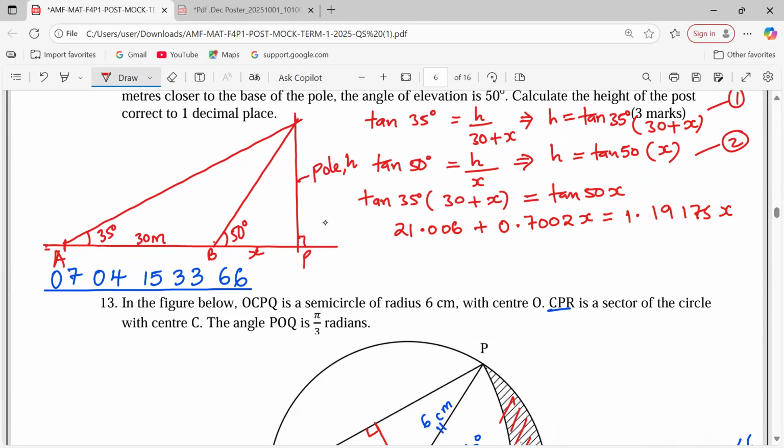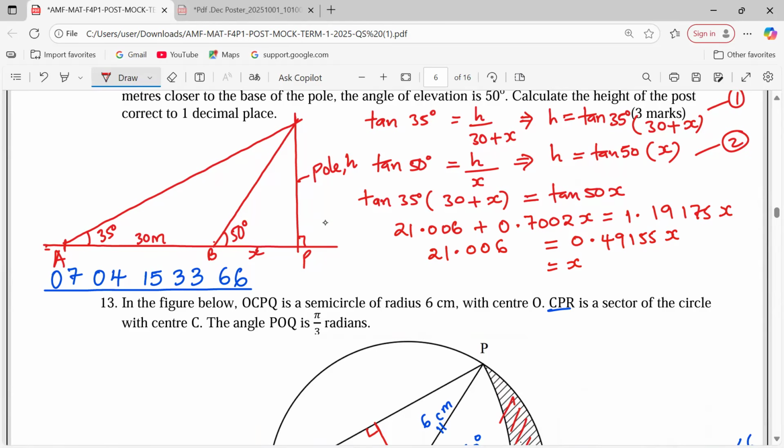We can now group terms, taking tan 50 minus tan 35. So the values of x will give us 0.49155x equal to 21.006.